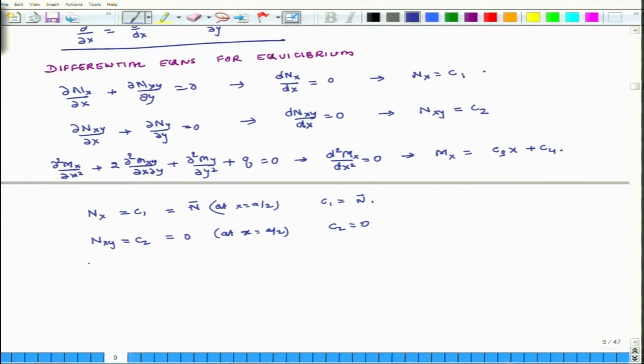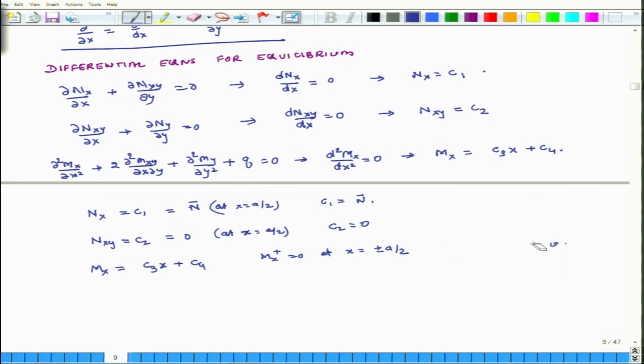The third thing is Mx is equal to C3 x plus C4, but we know that Mx is equal to 0 at x is equal to plus and minus a over 2. So, this gives me C3 is equal to C4 is equal to 0, because I am applying two boundary conditions, at x is equal to plus a over 2 and minus a over 2, Mx is 0.